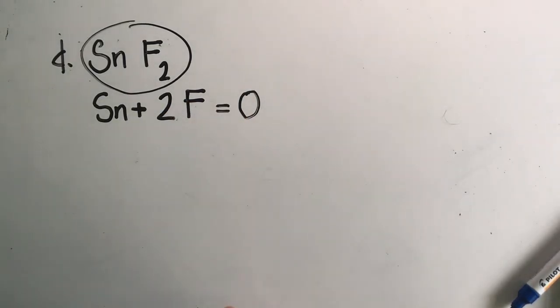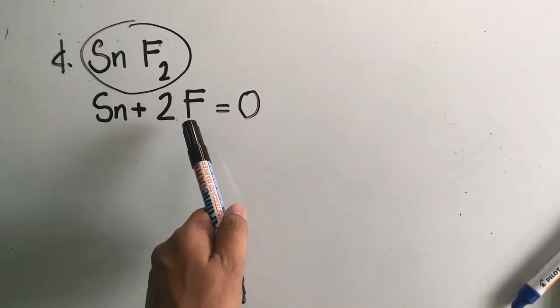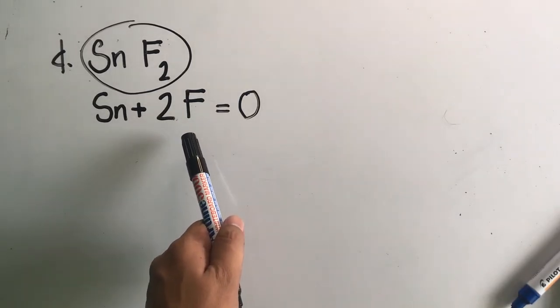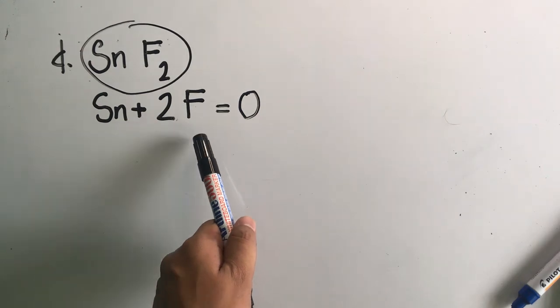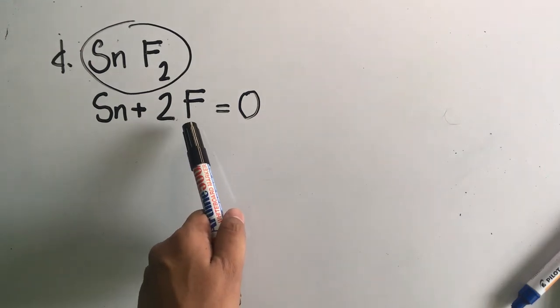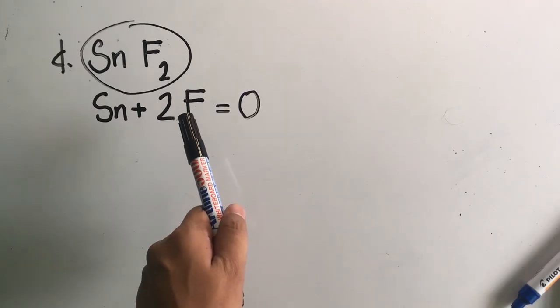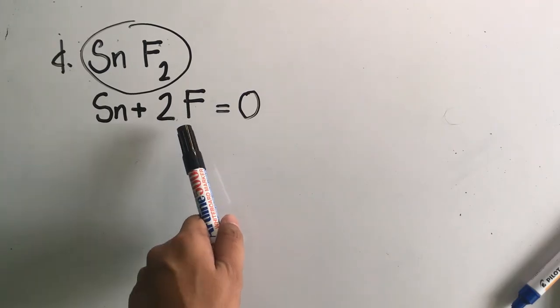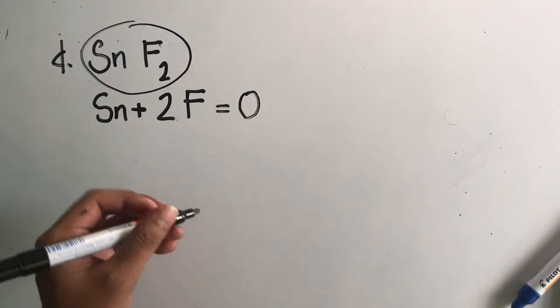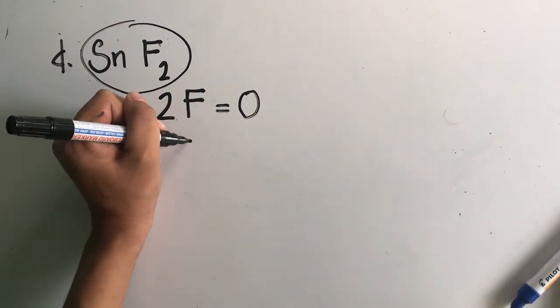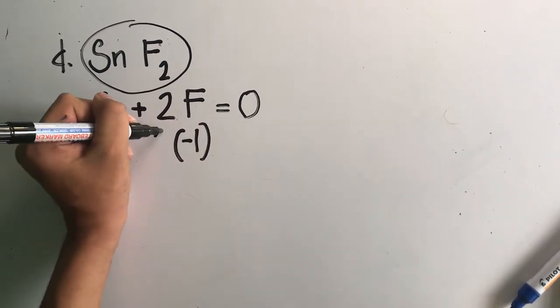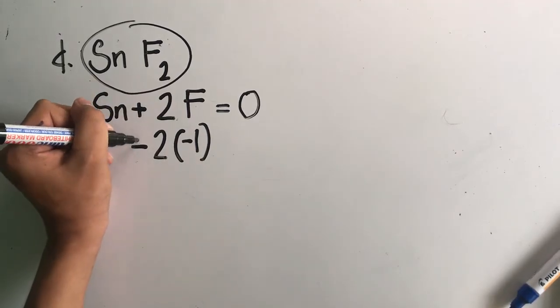Now, according to rule number 8, ang element na nasa group 7 or group A7, which is kung saan na kasali ang fluorine, they have an oxidation number of -1. So, magiging -1, 2. Tapos, i-bring down ng lahat.